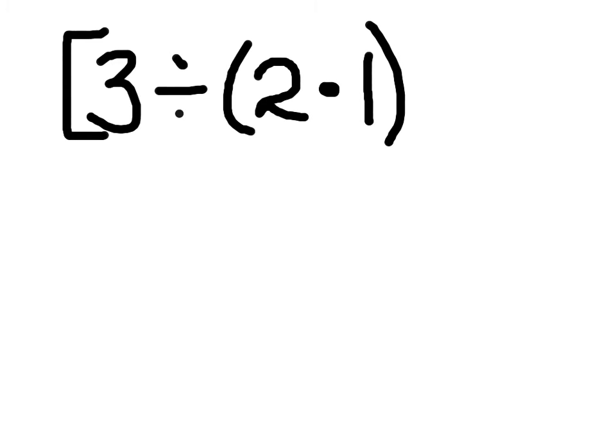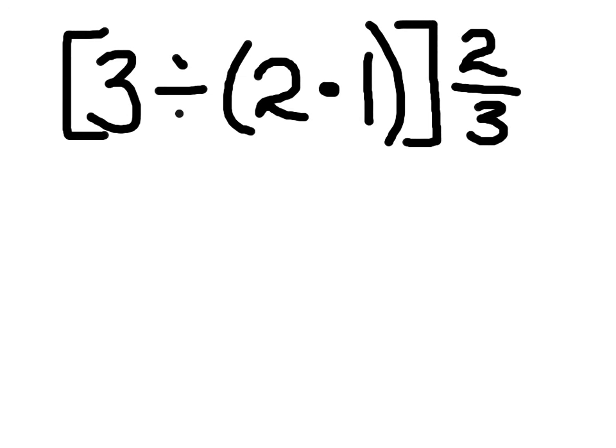So 21 says what? Open bracket, 3 divided by open paren, 2 times 1, close paren, close bracket, times 2/3.